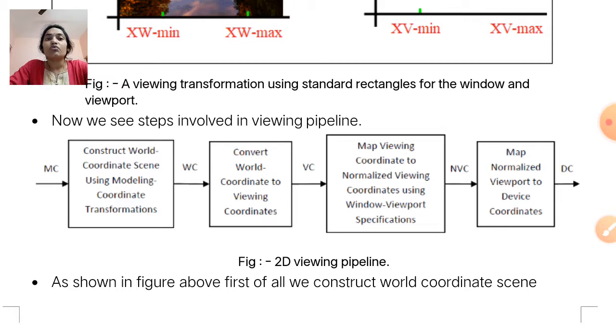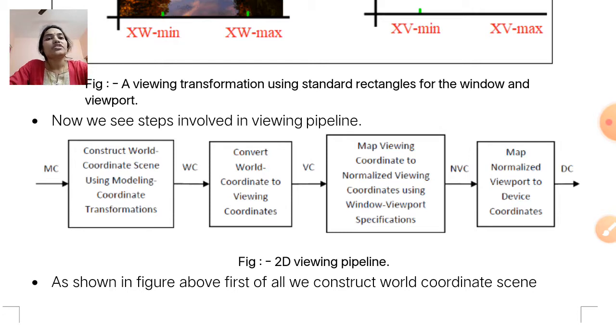It will convert world coordinate to viewing coordinate. After that it maps viewing coordinate to normalized viewing coordinate using window to viewport specification. Finally it maps normalized viewport to device coordinate.